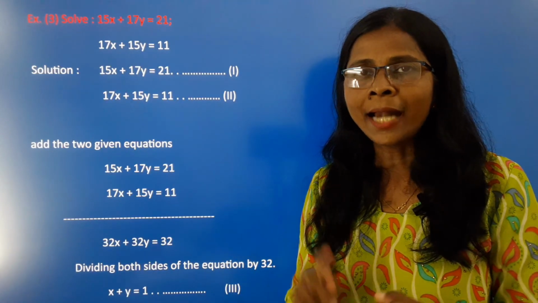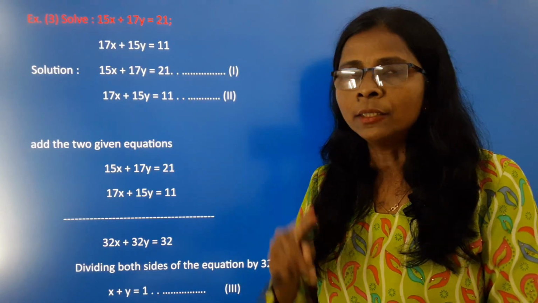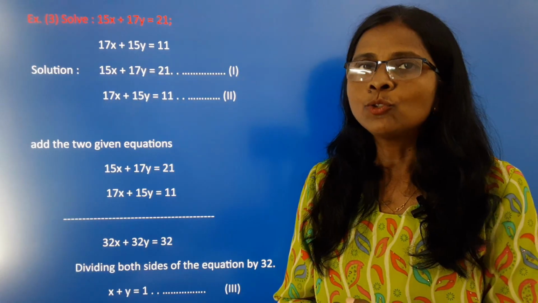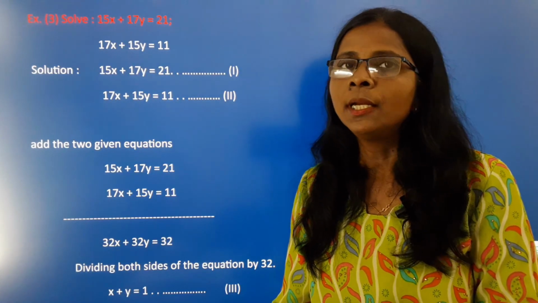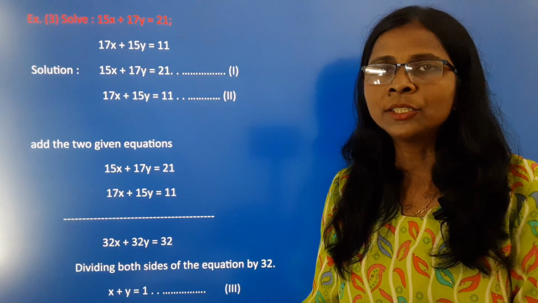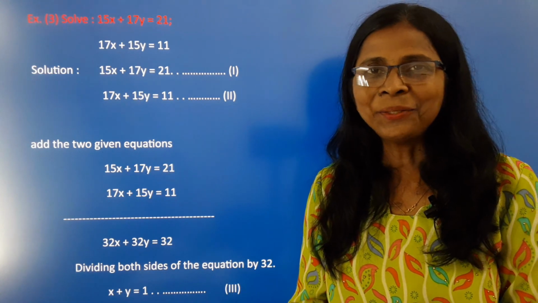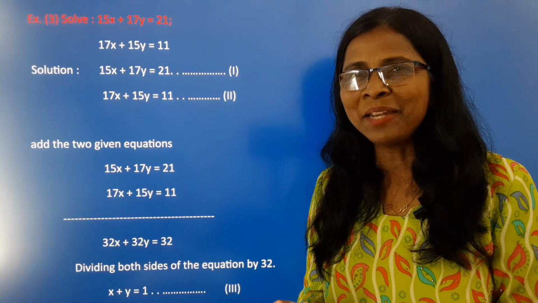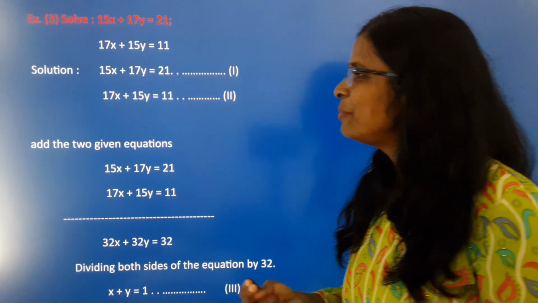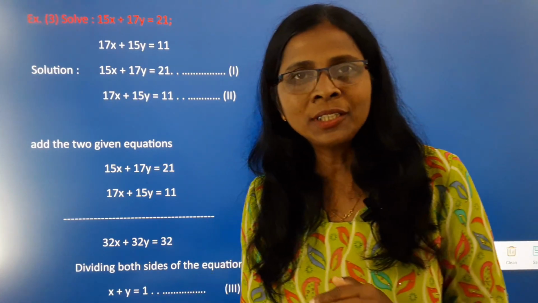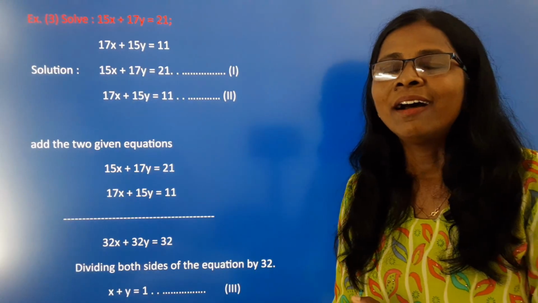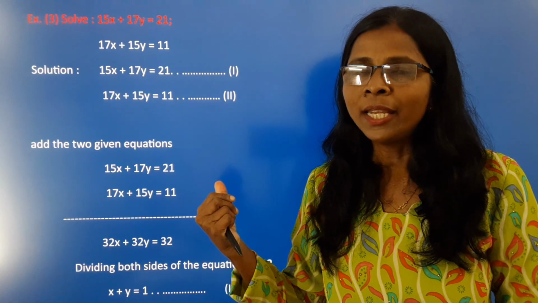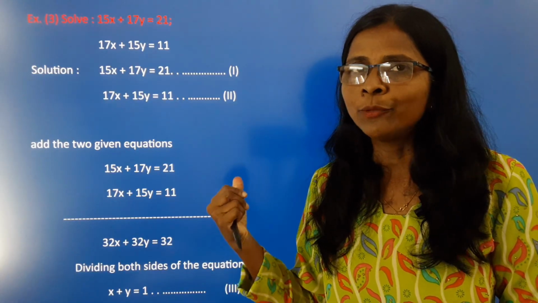First we add these two equations, then subtract these two equations, then add the equations. So there are three processes: addition, subtraction, addition. This way we can get the two values of the variables. Very easy example, and for your half yearly exam it is a very important example, so watch carefully.